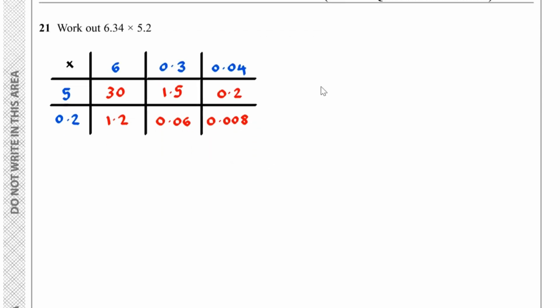So now we need to add together the 30, the 1.5, the 0.2, the 1.2, the 0.06, and the 0.008.